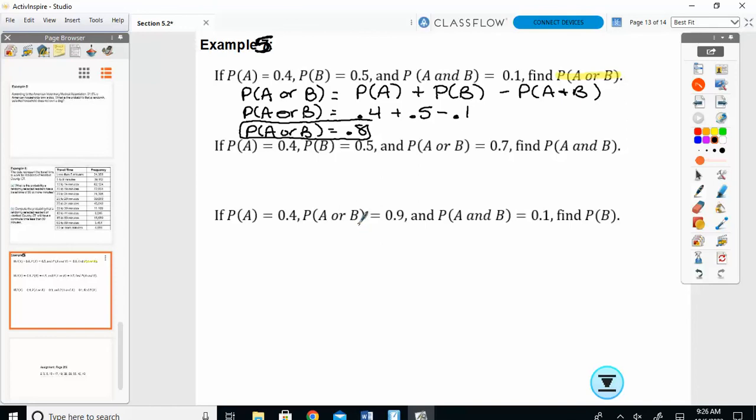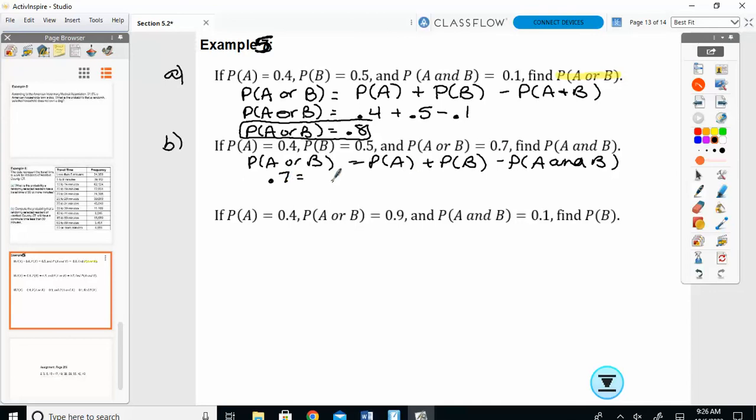So B, I'm using all the same variables. I have probability of A, probability of B, A or B, A and B. So we're using the same formula. Plug in what we have. What is the probability of A or B? New question here, so not relying on our answer from the previous one. In part B, probability of A or B is just 0.7.